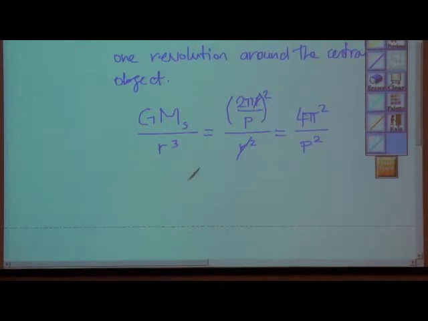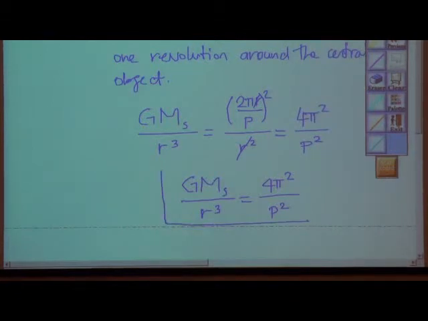Now, we will express finally that if an object is revolving around a massive, bigger mass object on a circular path with a radius r, there is a balance between G, the universal gravitational constant, times the mass of the central object over r cubed, which is equal to 4 pi squared, a constant, divided by P squared, the square of the period of one revolution.